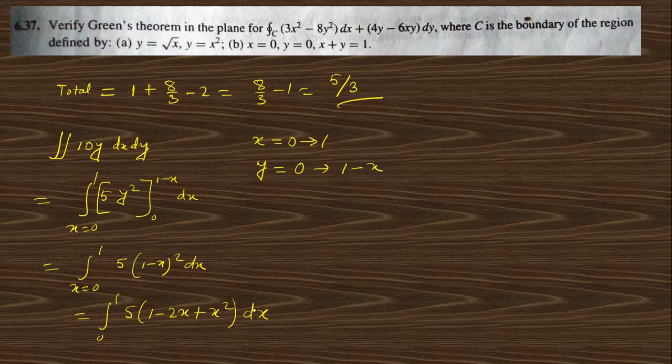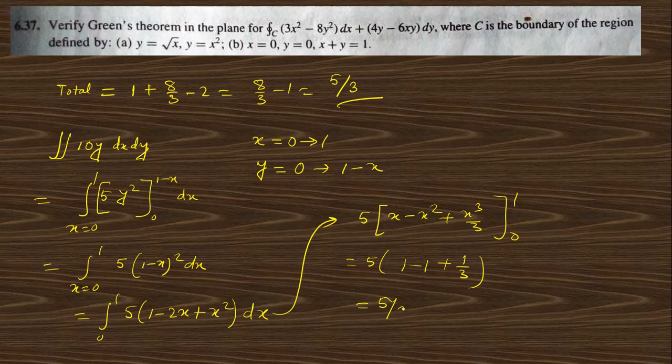So just integrate this: 5 times x minus x square, and x cube by 3, from 0 to 1, that is 5 times (1 minus 1 plus 1 by 3), that means this will be 5 by 3. So by contour integral this becomes 5 by 3, and by Green's theorem we also get 5 by 3. So Green's theorem is verified.